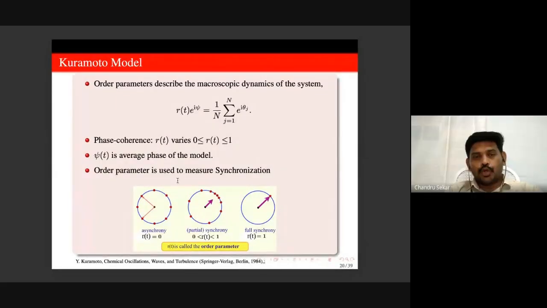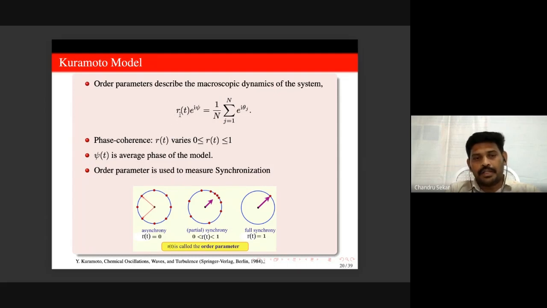Okay, so Kuramoto introduced 2 order parameters, R and psi, to solve the model. This R and psi is related to the phase of the oscillator through this relationship.